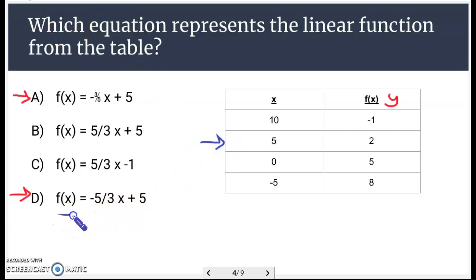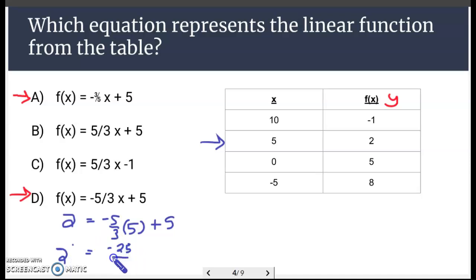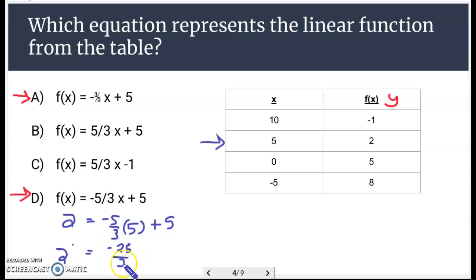According to this, the function value is 2 if we were to plug in 5. So here's -5/3 times 5 plus 5. This gives us -25 over 3, and negative 25 over 3.